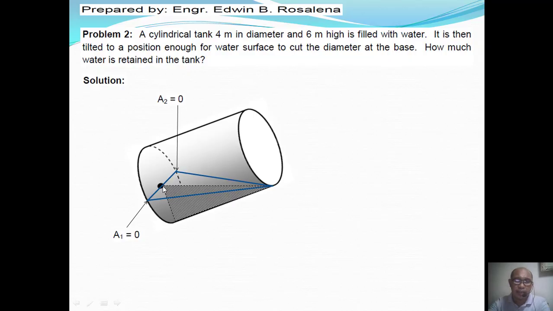And in this triangle, this is 2 and this is 6. Do you follow? I just did not put the values, sorry, I forgot. So, the area of the middle section is 1/2 times 2 times 6, and that is equal to 6 square meters.